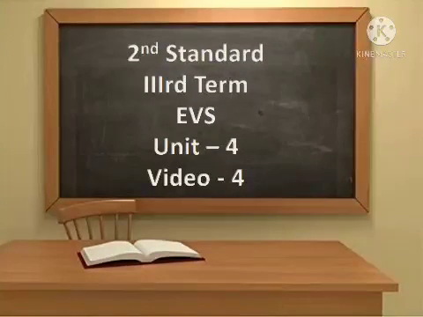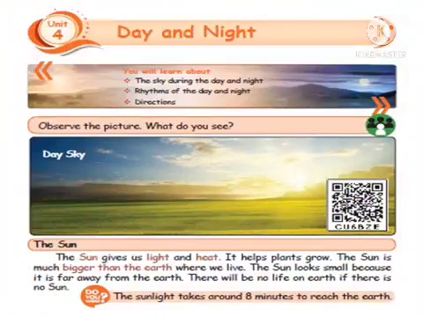Today we are going to learn about third term EVS Unit 4 Day and Night. Come, let's start the class. Today we are going to learn about Unit 4 Day and Night. You will learn about the sky during the day and night, rhythms of the day and night, directions.